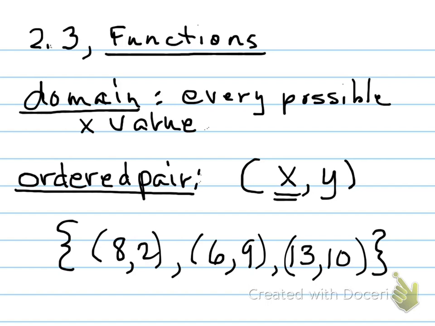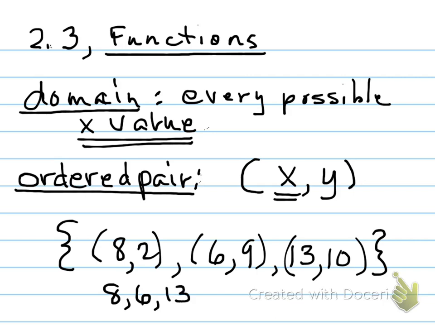Now, because we have the braces around each side, that means that this is a set of specific values for this function, okay? And all we're asked to do is find the domain. Well, remember that the domain is simply the x values of all of those. And remember that x is always the first number, so it's simply 8, 6, and 13.